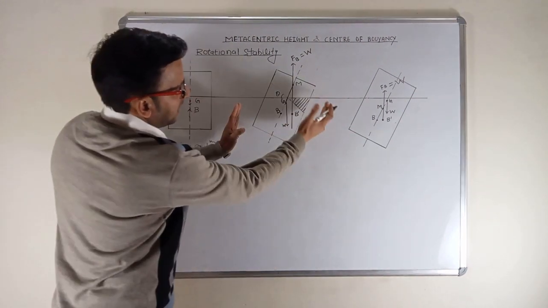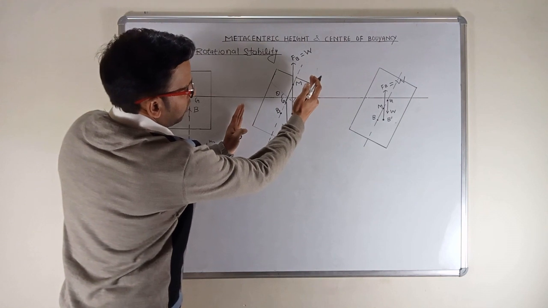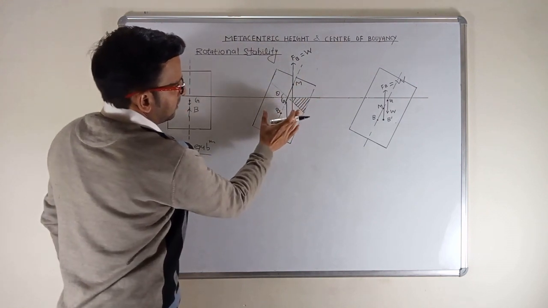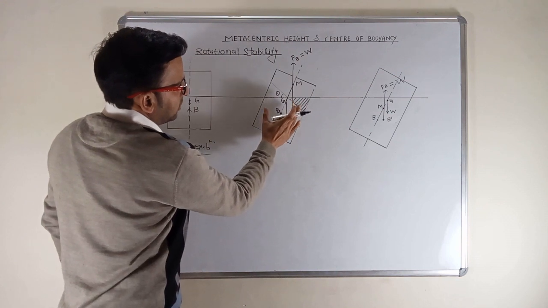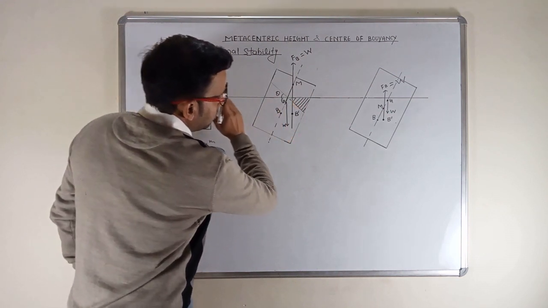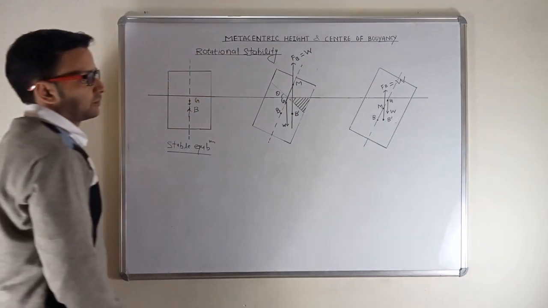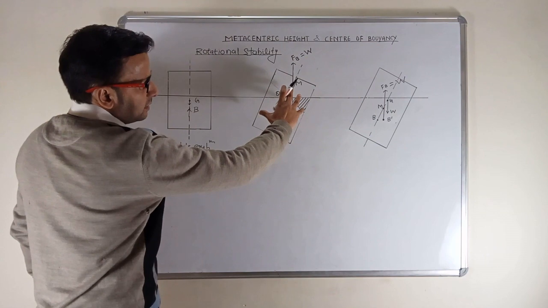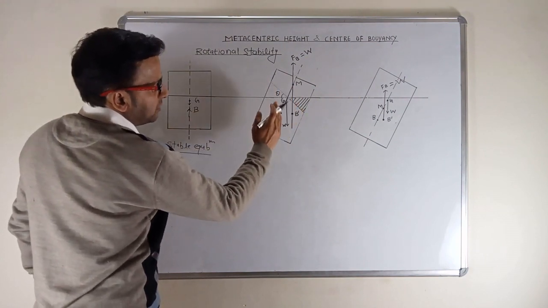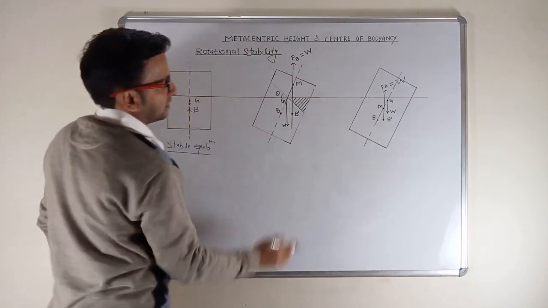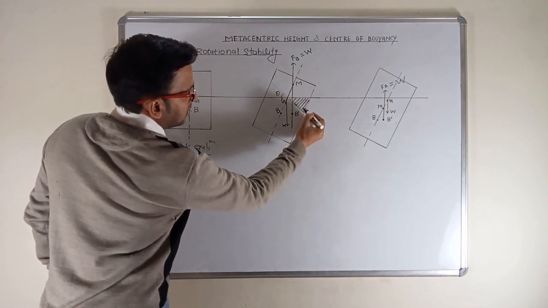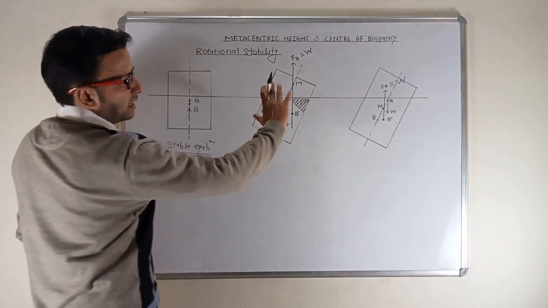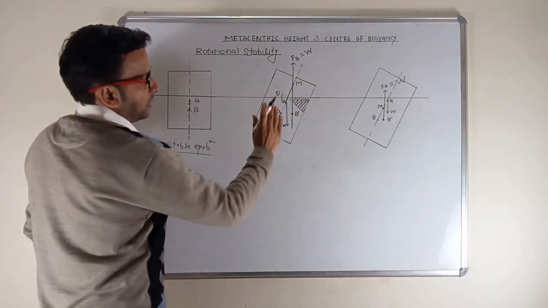Because when I rotate it towards the right-hand side, or clockwise, the displaced fluid will be more on the right-hand side, and this portion is the extra fluid which is displaced when I rotate this body clockwise.